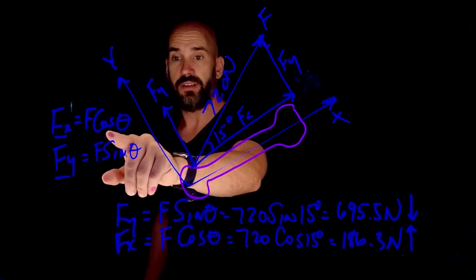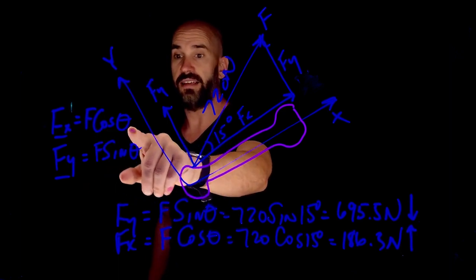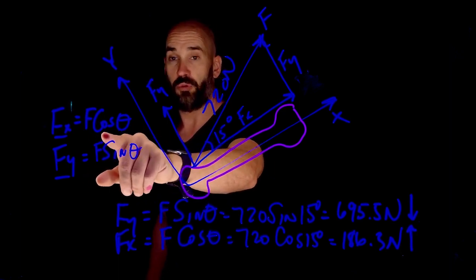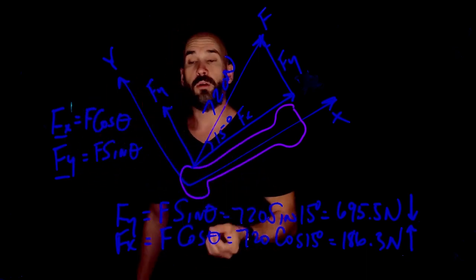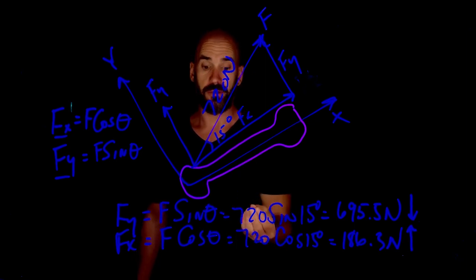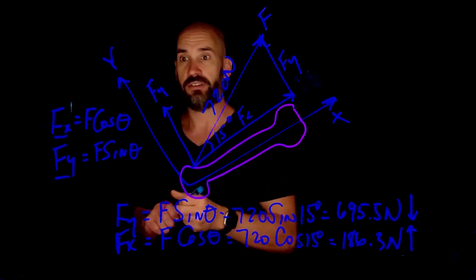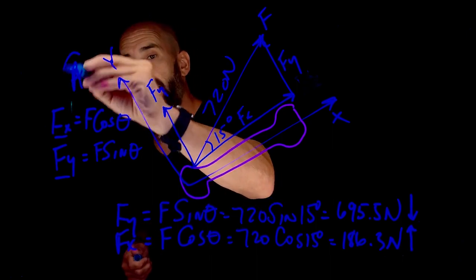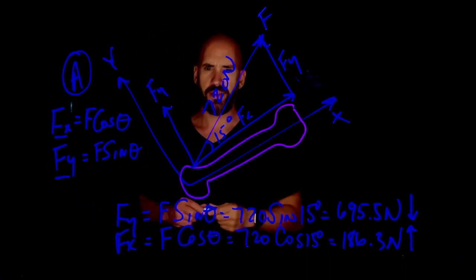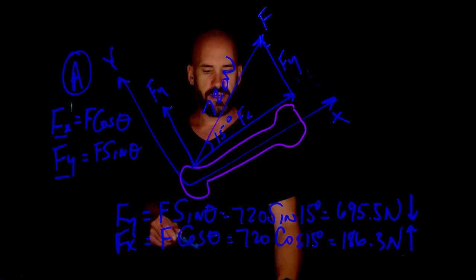If cosine is 0, that's 0. If cosine is 1, that's F times 1. So the components can only be between 0 and the magnitude of the vector, right? In other words, less than or equal to the magnitude of the vector, which is the answer A. Okay? Does that make sense? Pause if you need to think about it for a second. If not, move on with me.